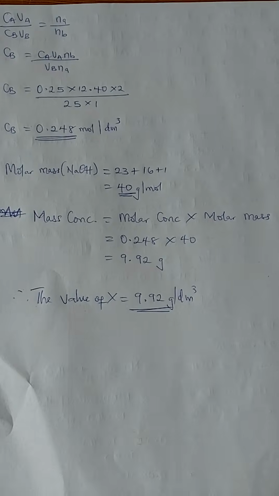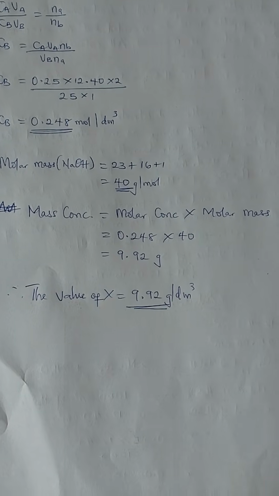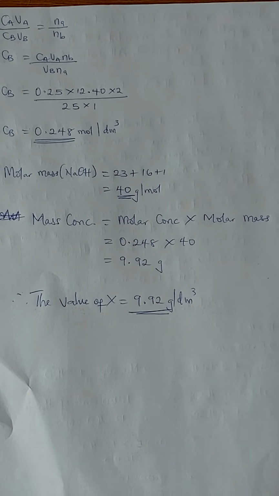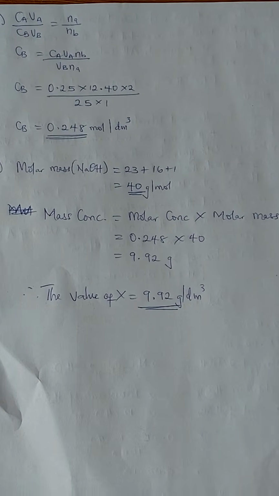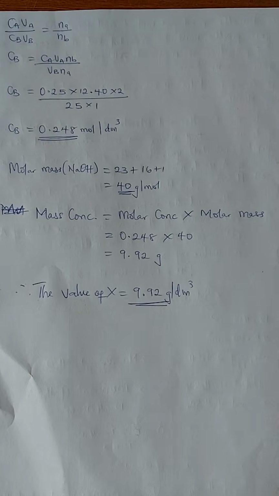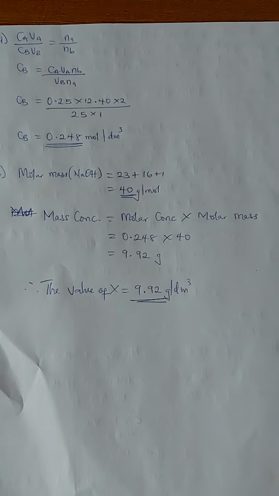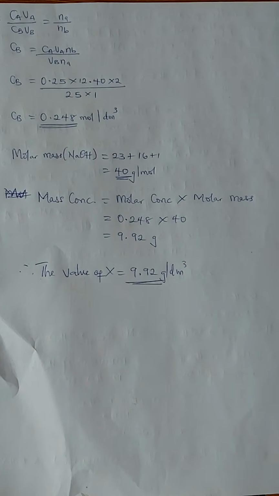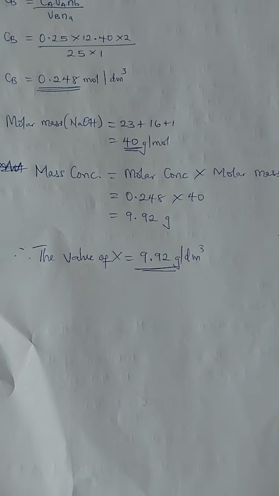So invariably, what the questioner is asking you is, what is the mass concentration of the solution B? Simple. So you just apply as you have here, using the formula mass concentration equals molar concentration times molar mass. Apply appropriately and you obtain this.